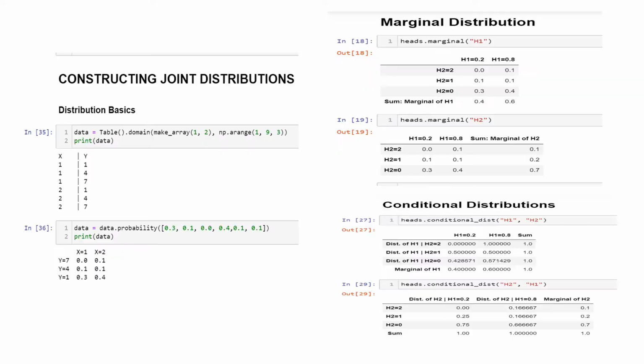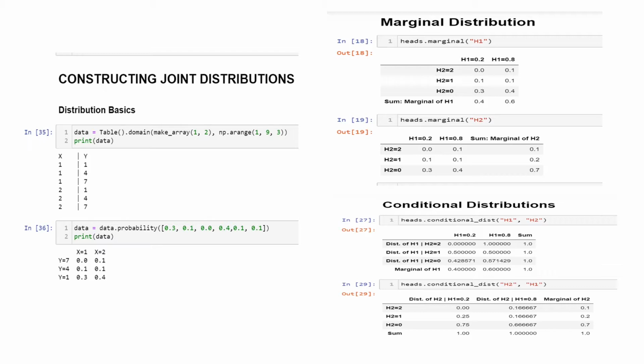In our last session, we learned about how to define probabilities in Python. We learned what packages to install to do our data science projects. We learned about data science and Prob 140. We learned how to construct joint distributions by calling the dot probability function.